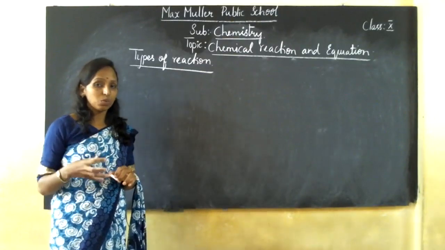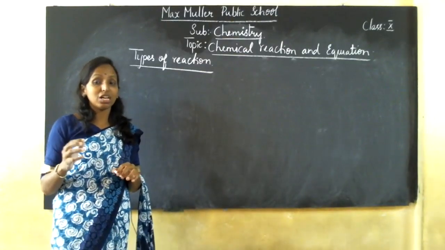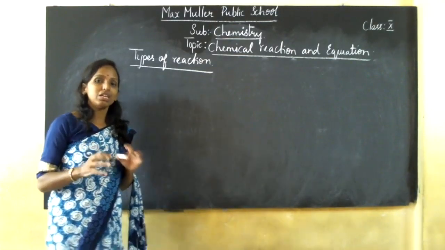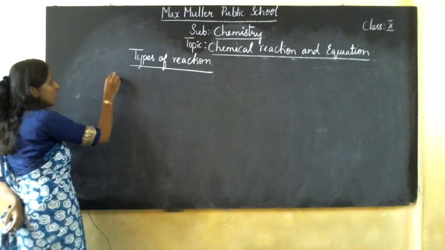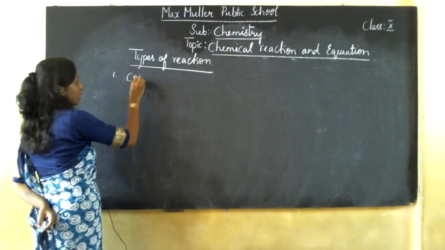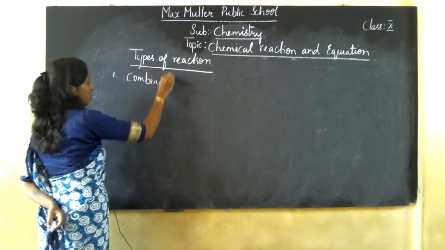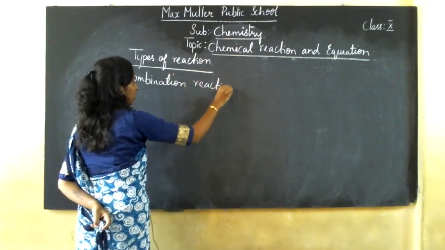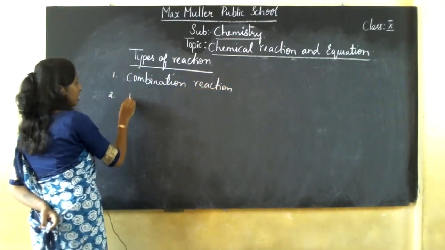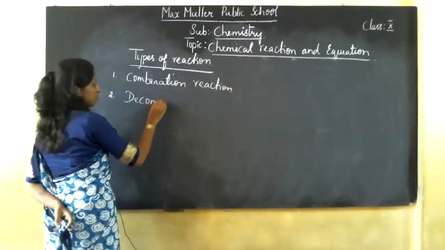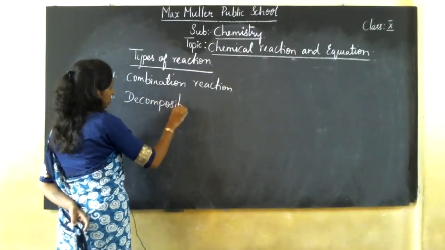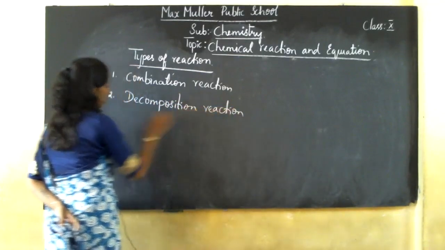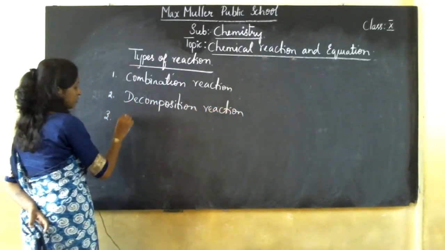Now we know chemical equations. There are different types of chemical reactions. What are those different types? First one we have combination reaction. Then we have decomposition reaction. Then you have displacement reaction.